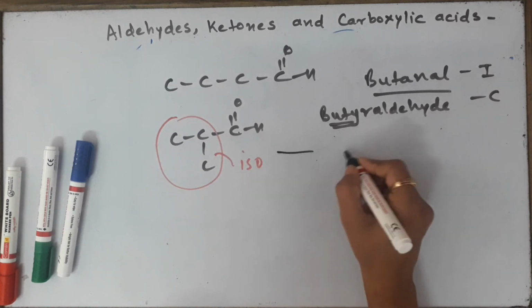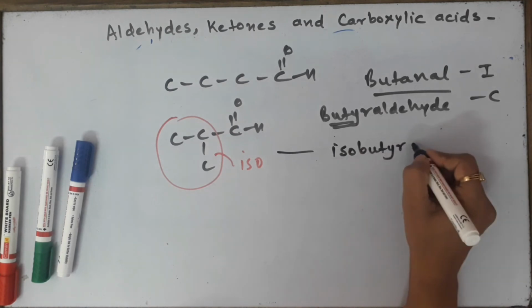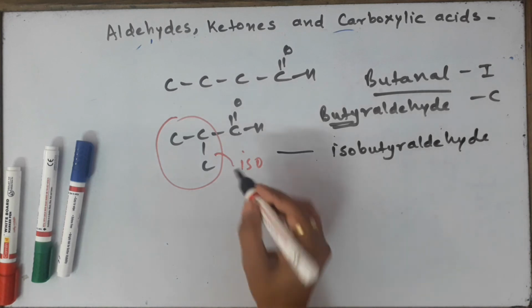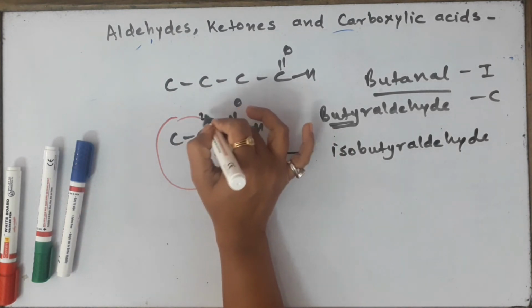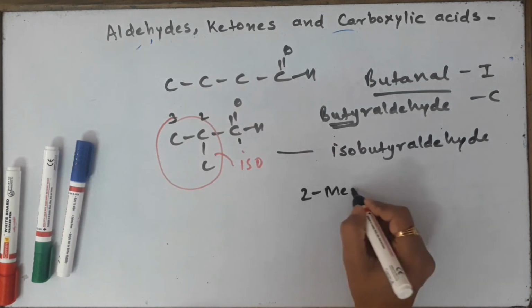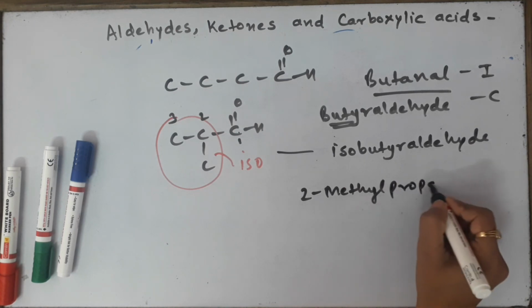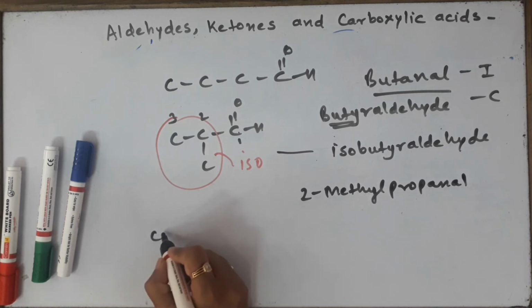So the common name is isobutyraldehyde, and the IUPAC name, of course, start numbering in the same manner, 1, 2, 3. So its name is 2-methylpropanal.